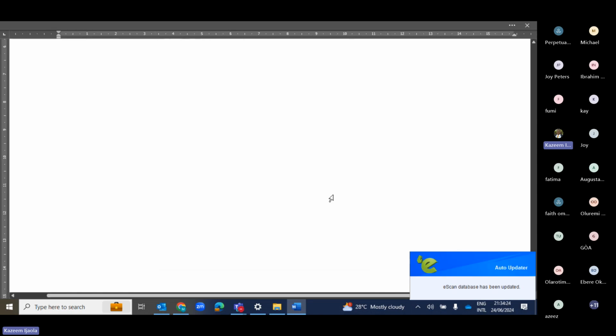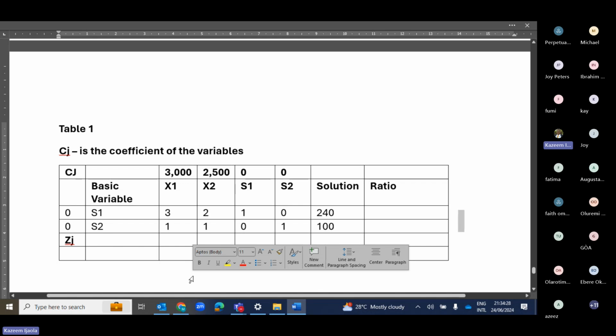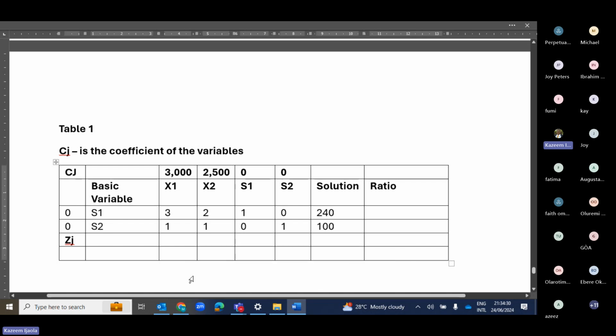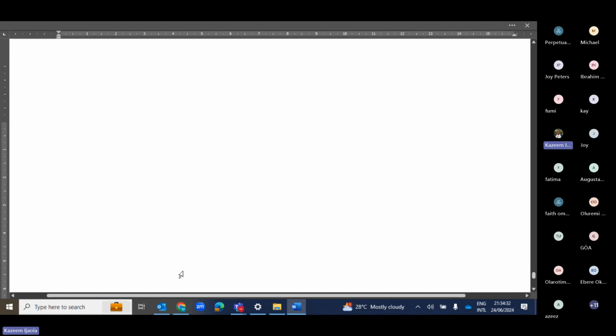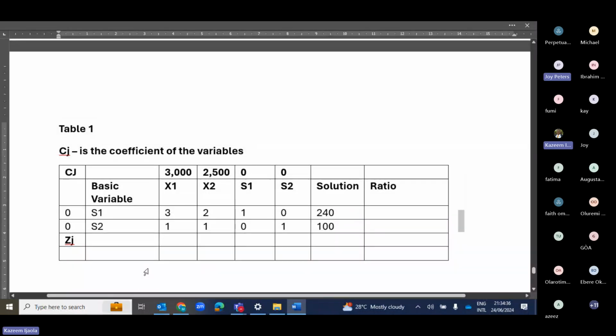Let me show you the working. Do you need the working for ZJ, or do you know it already? It's very simple. If you know it, I can just move on. Okay, let's do ZJ.